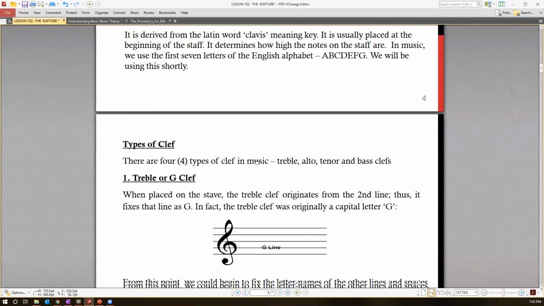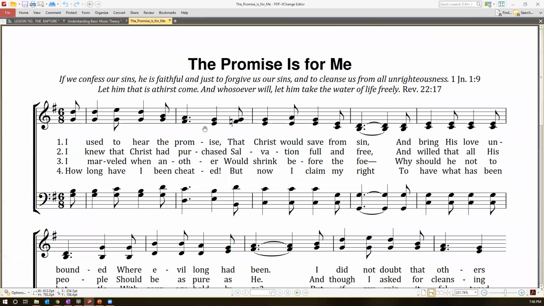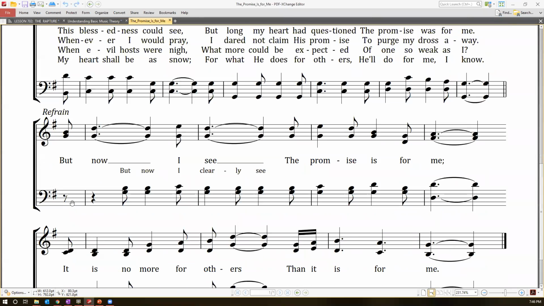So here, for example, if we do not have this clef symbol and we only have these lines, we call that a staff. But the moment we attach a clef to it, we automatically call it a stave. Also, if we have multiple staffs with these symbols, we call that a stave.